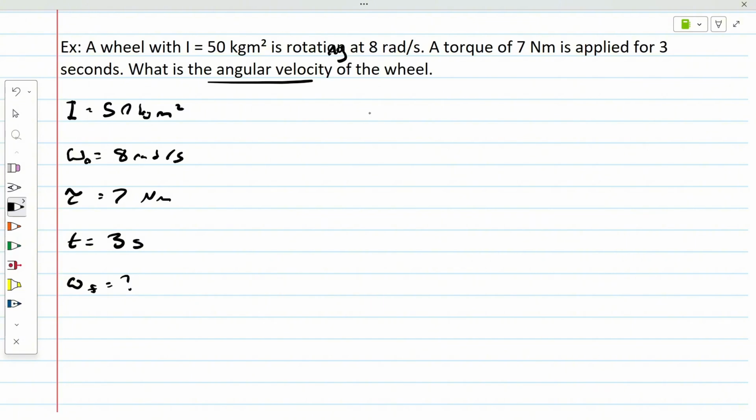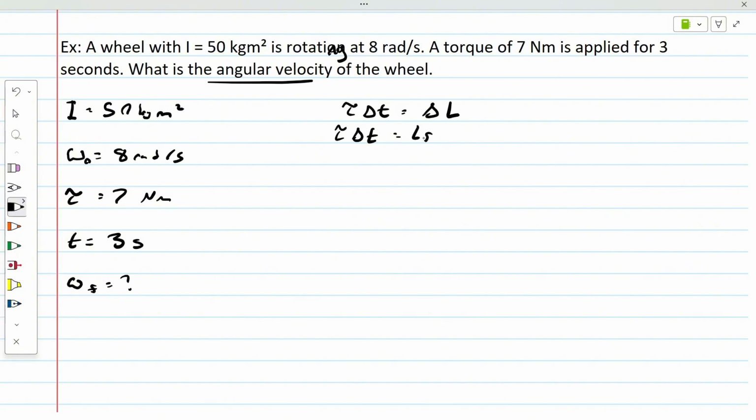So we can go ahead and use our equation that we derived, the torque times change in time equals the change in angular momentum. So we have our impulse equals the change in momentum. In this case, it's just the angular form. It's just like we did in the momentum unit. And we can go ahead and break out what this momentum is.